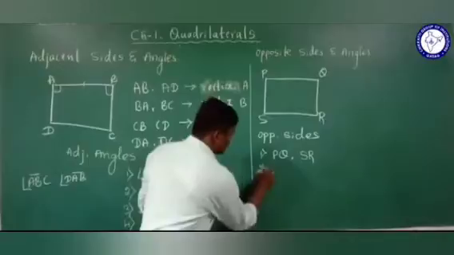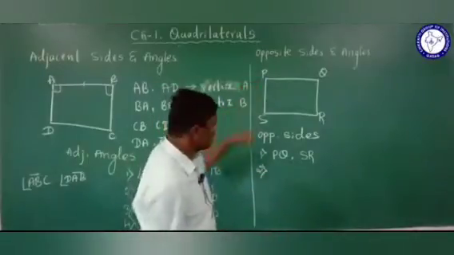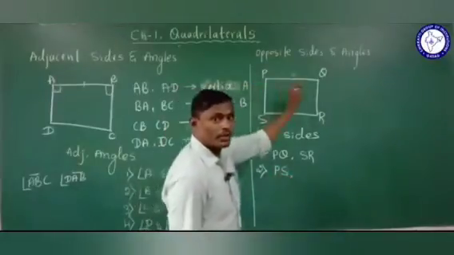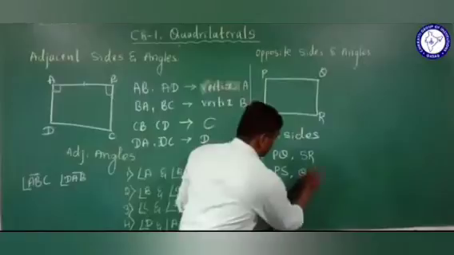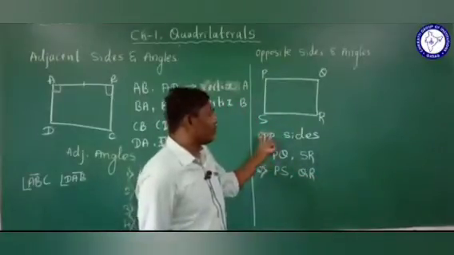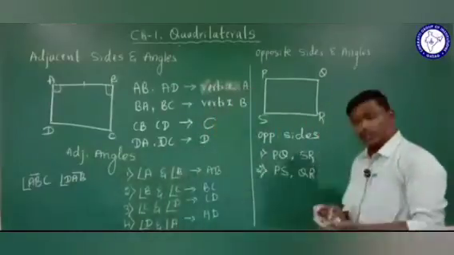Let's come to the second pair. What is that second pair? The remaining two sides. What are the remaining two sides here? PS and, opposite to the given PS, is QR. So these two are the two pairs of opposite sides of the given quadrilateral. Okay.